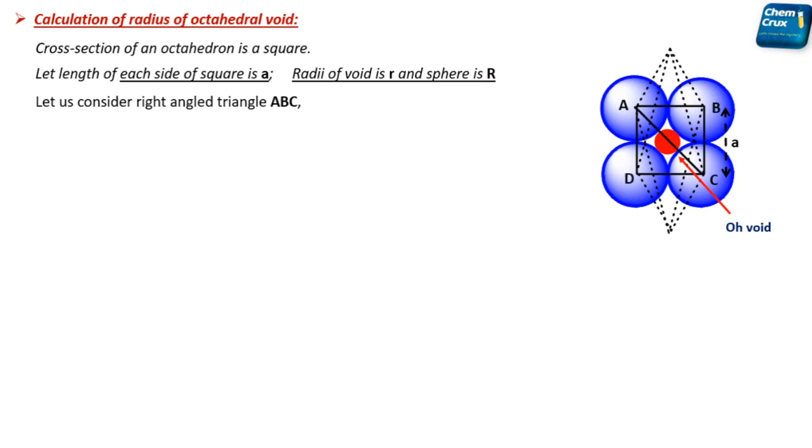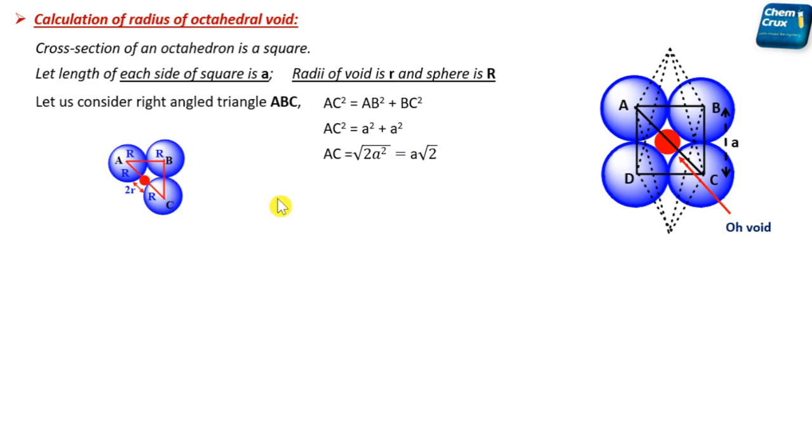If we apply Pythagoras theorem, we can write AC square is equal to AB square plus BC square, right? Now we know AB and BC are the sides of the square and they would be equal to a. So we can write AC square is equal to a square plus a square, or AC would be equal to a root 2. Now here I have shown the triangle ABC.